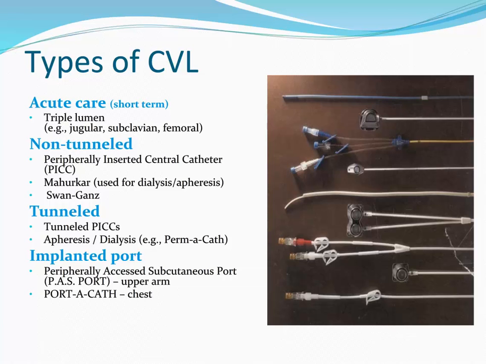A PICC line is almost its own category, as these lines are placed in a vein in the arm and advanced into the central venous system. These can be tunneled or non-tunneled, as just described. An implanted port is a surgically implanted device to access the central venous system. Examples include PassPort, placed in the upper arm, or Port-a-Cath, placed in the chest.